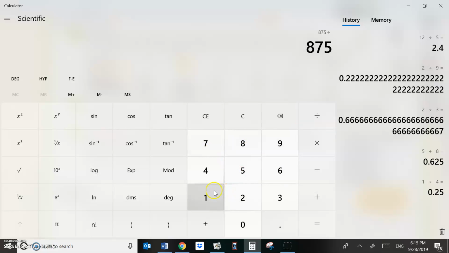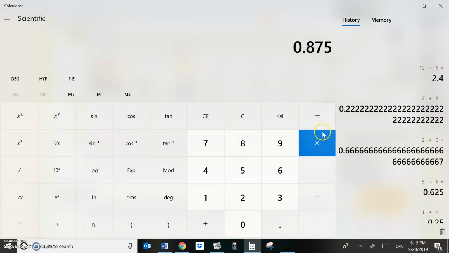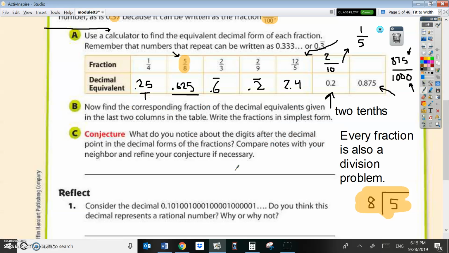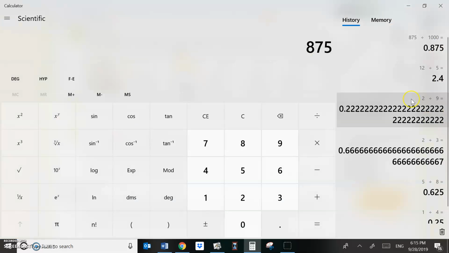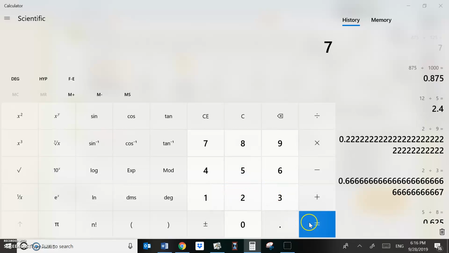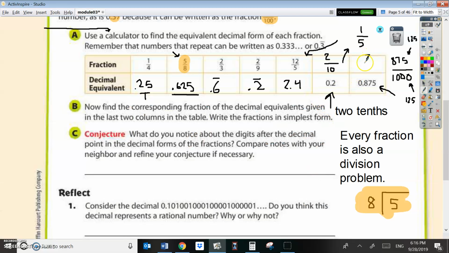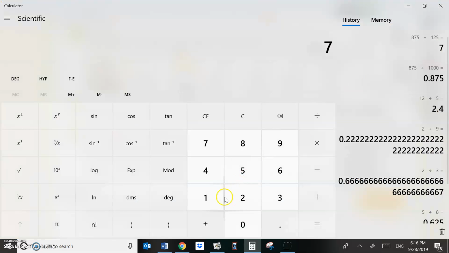You can divide those both by 125. 875 divided by 125 equals 7, and then 1,000 divided by 125 is 8.